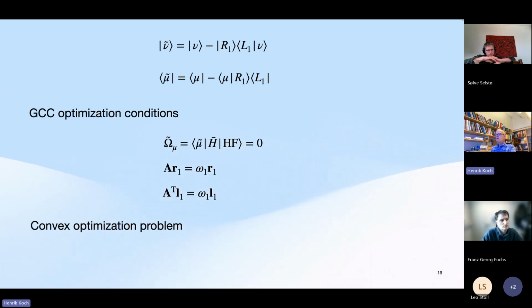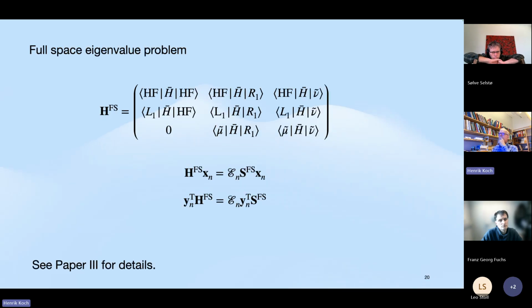And this, of course, means that we need to determine the eigenvectors and the eigenvalue at the same time as we solve the omega equation. But this guarantees that we actually have a convex optimization problem, so that the A matrix is positive definite in that space, in that reduced parameter space.